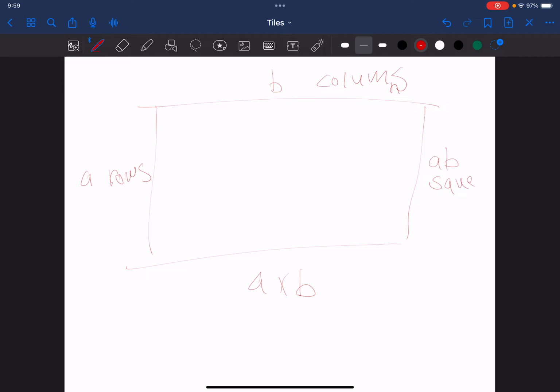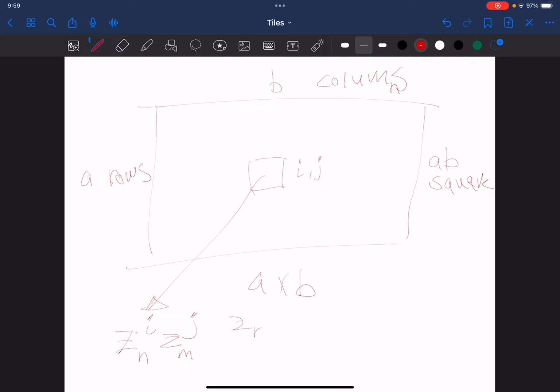Inside each square, I'm going to write a value. Suppose this is row I, column J. That value is Zn to the power I times Zm to the power J.